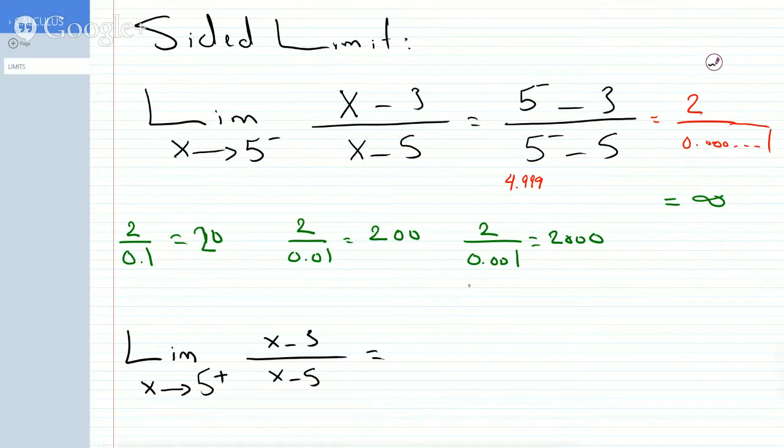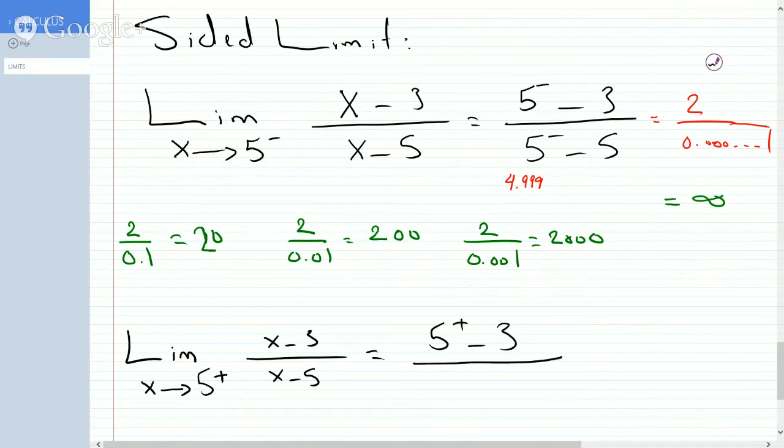So this is going to be 5 plus minus 3 over 5 plus minus 5. 5 plus would be 5.000001, infinite amount of zeros then 1, a hair bigger than 5. So we're going to get 2 over, what's 5.00000, infinite amount of zeros 1, minus 5? 0.00000, same thing.